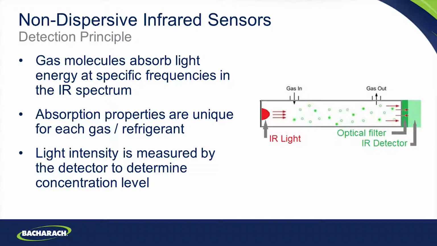And as you can see from the diagram, we have an infrared light source within the sensor chamber, which passes through the gas that's in there, and there's an optical filter there which will filter the light down to those specific frequencies within the infrared spectrum that we're looking for, at which each gas will absorb the infrared energy. And then there's a detector at the other end, which essentially is measuring the light intensity in the detector and therefore determining the concentration level.